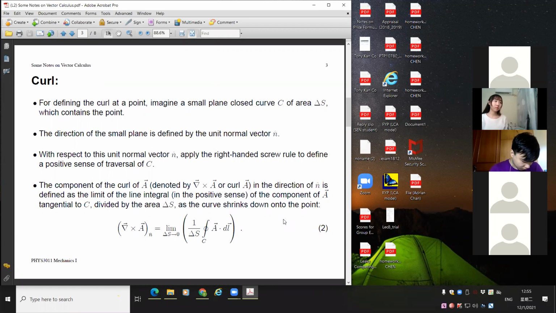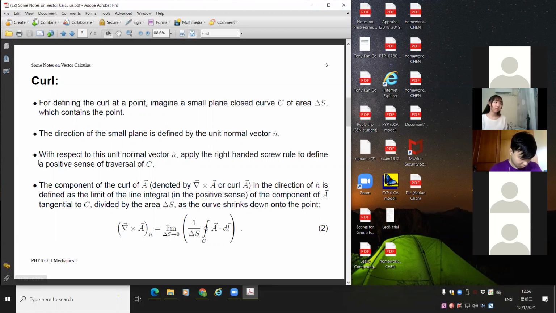Imagine a small plane closed curve C of area delta S, cross-sectional area, which contains the point. The direction of the small plane is defined by the unit normal vector. There is an uncertainty here: there are two directions you can define, but usually we apply the so-called right-hand rule to define the unit normal vector.